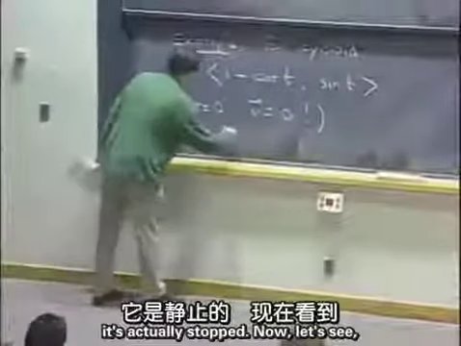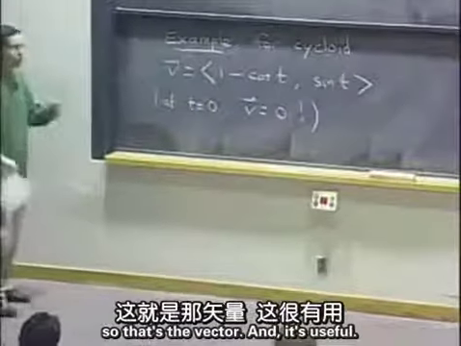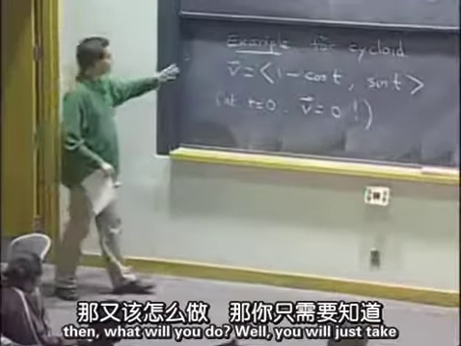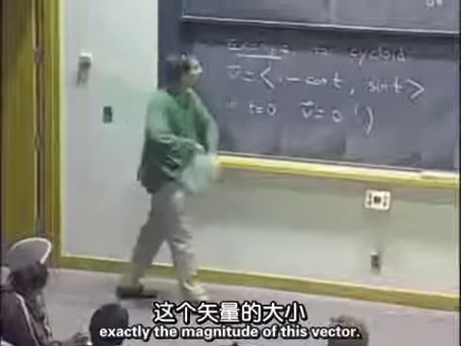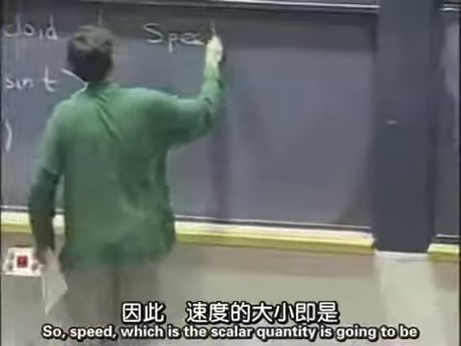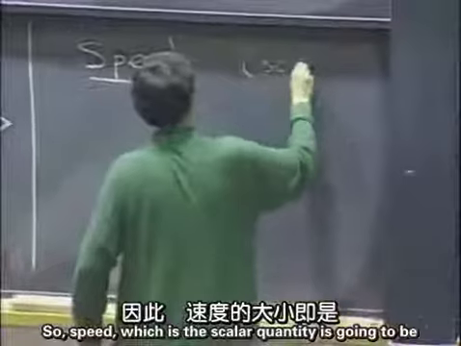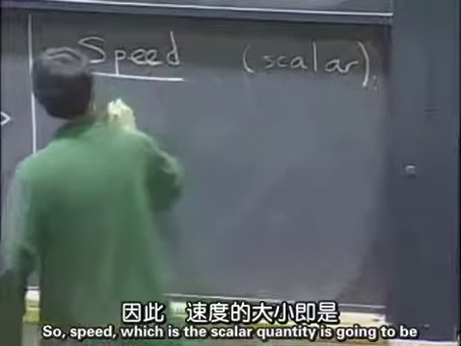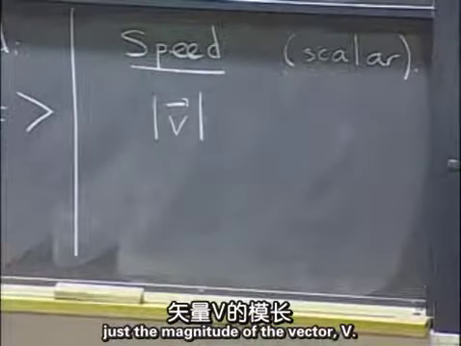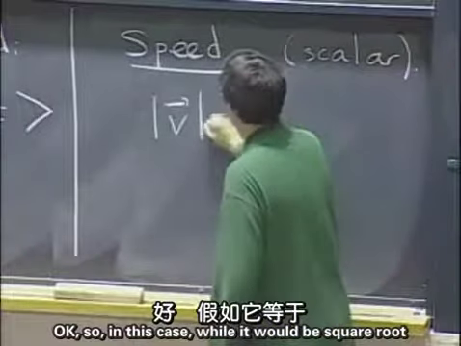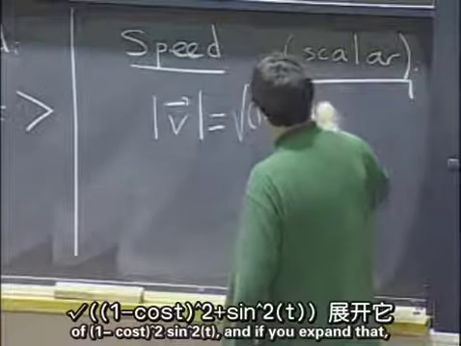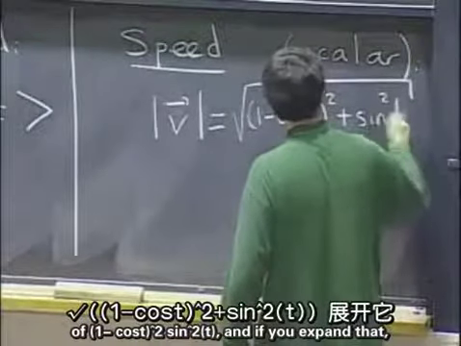Now, that's a vector and it's useful, but if you want just the usual speed as a number, then what will you do? Well, you will just take the magnitude of this vector. So speed, which is a scalar quantity, is just the magnitude of the vector v. In this case, it would be the square root of (1 minus cosine t) squared plus sine squared t.